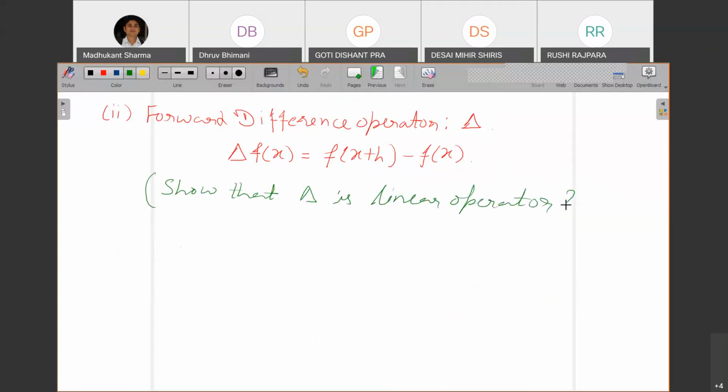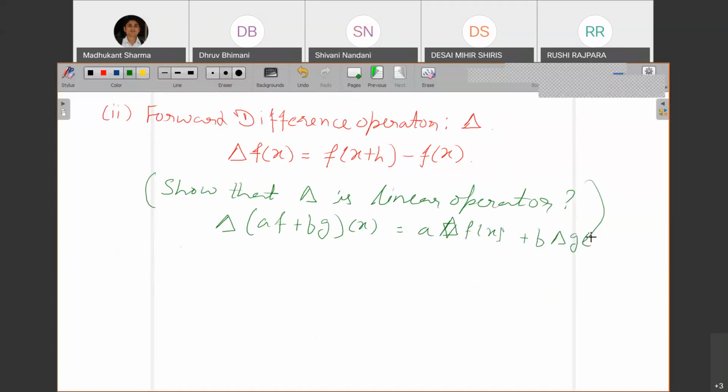If you wish to recall the linear definition, delta of a f plus b g of x is equal to a times delta f of x plus b times delta g of x. That you can show very easily, like a derivative.